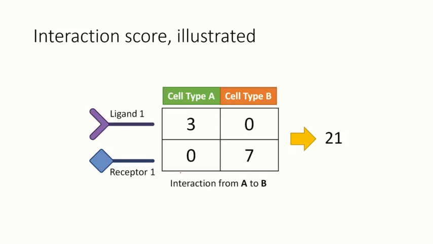What you can do with this table, by the way, is from this big table. You can start to focus on 2 cell types, and then you compute a score. This is just 3 times 7. Same idea as this, PQ.